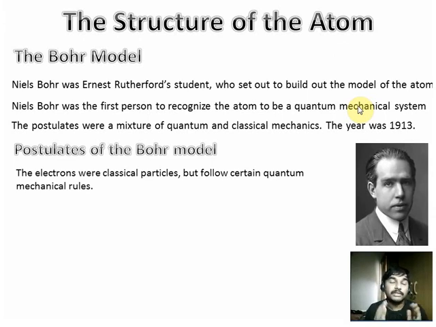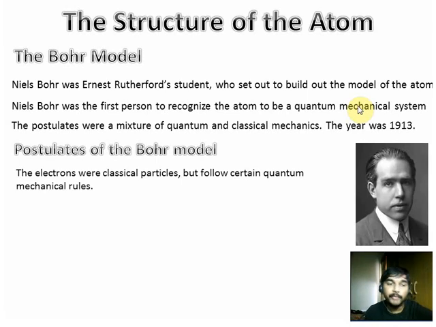But the real difference between electrons and other particles was that electrons, at least according to Niels Bohr, were classical particles but followed quantum mechanical rules. In other words, you had certain quantization conditions which were followed by the electrons. We'll soon realize that this is not an entirely correct statement, but in 1913 this was the first step that was taken. The first step is never completely correct, but it's a very healthy first step.